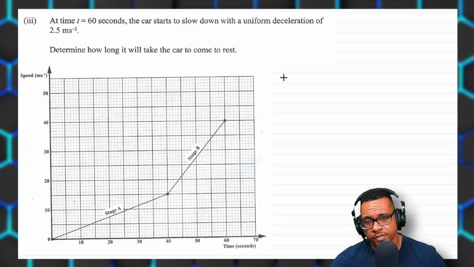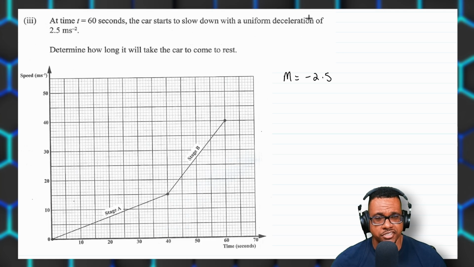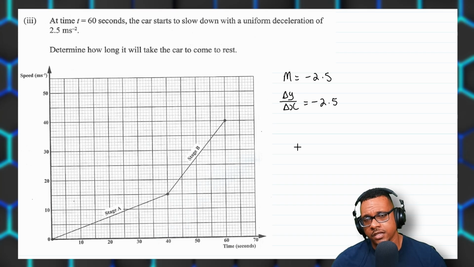So essentially what we have here is that the gradient m is equal to negative 2.5, all right, because that's what the deceleration could be, gradient. We'll have our change in y over our change in x being our gradient, which is negative 2.5. And the change in y would be from 40 to 0, all right?